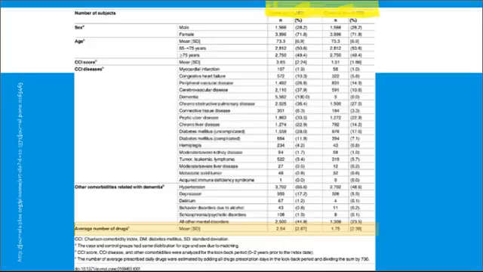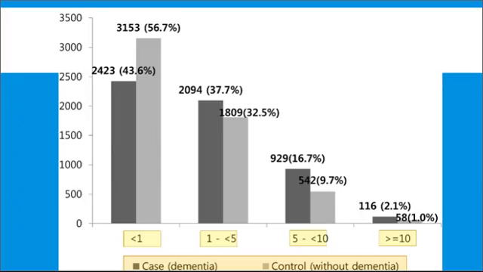But what they did at this point was, again, they pulled the data out, they looked at people who had dementia versus those who don't, and they graphed it, looking at, okay, for those who took less than one prescription, what percent of people who had dementia took less than one prescription versus of those people who don't have dementia, what percent of them take less than one prescription.